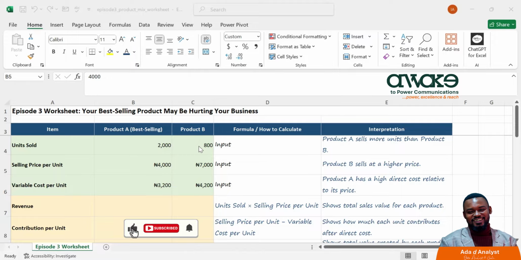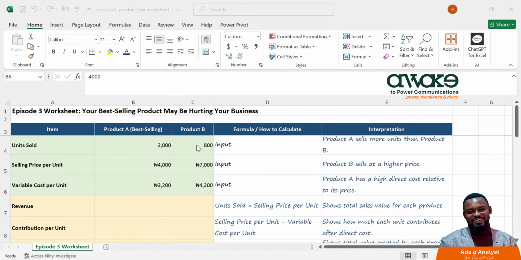So product A can be said to be best-selling because it has the highest sales volume, but that does not automatically make it the most valuable product. So we want to differentiate between the best selling and the most valuable product.